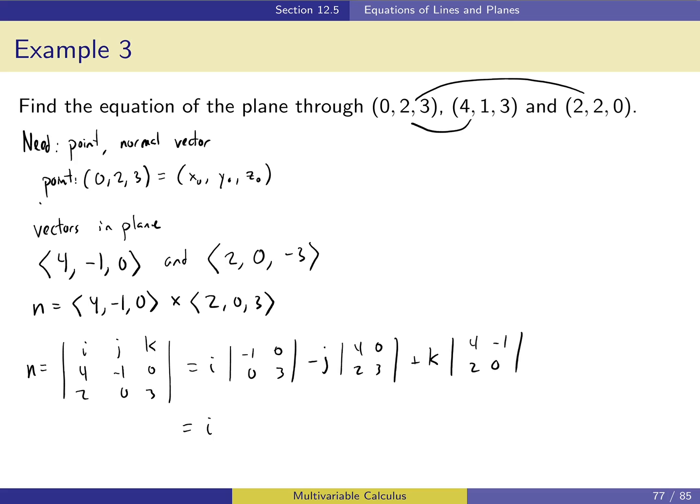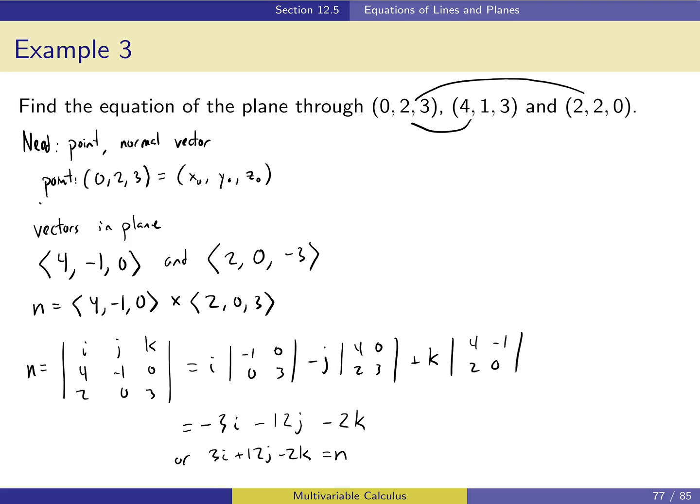Writing the coefficients, this is 3 times i, minus 12 times j, plus 2 times k. So that's the normal vector. It could be flipped around in the other direction and still be normal. We could use the other version, -3i plus 12j minus 2k.